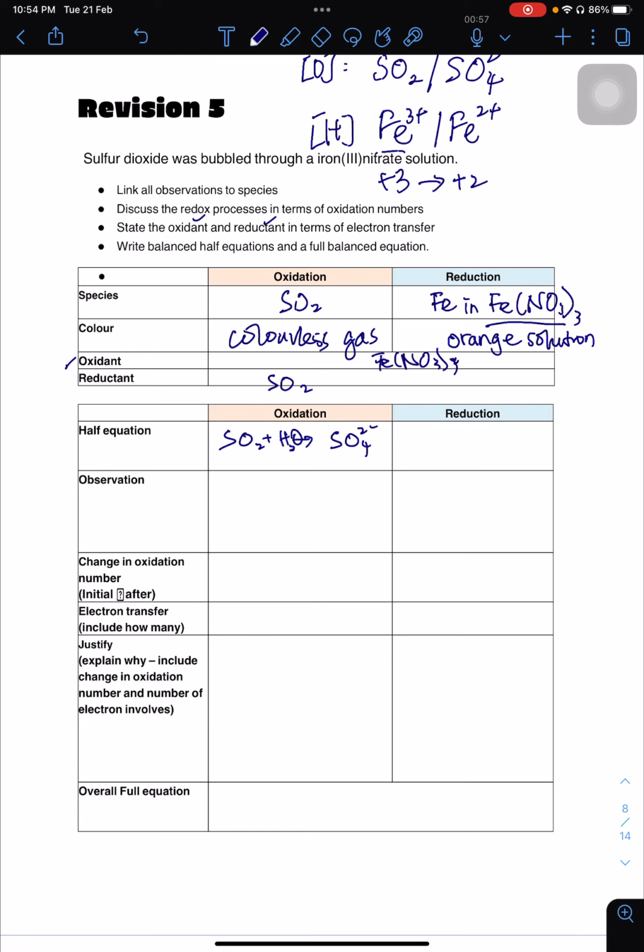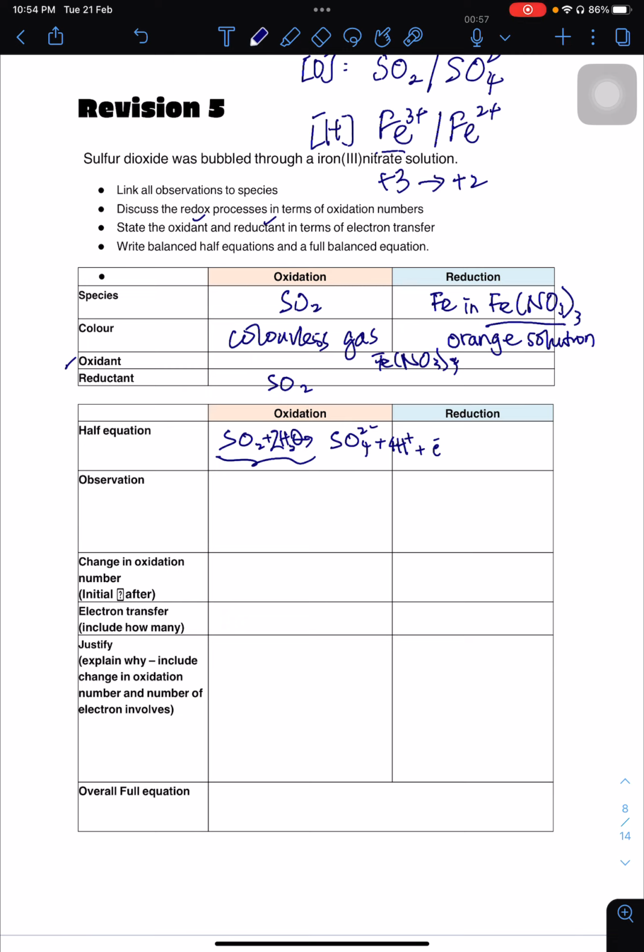Now, we need to make 4, so that means we're going to put 2 more of water to get 4 on both sides of the equation, and that means we're going to put down 4 hydrogen ions on the right-hand side to balance hydrogen. And lastly, going to add in the electron. So say if you are not sure how many electrons, what you do is total out the charge number.